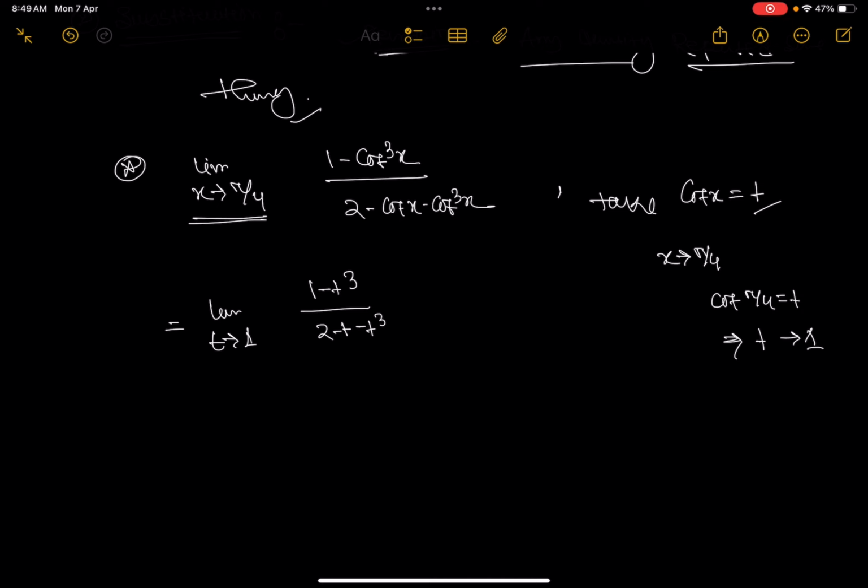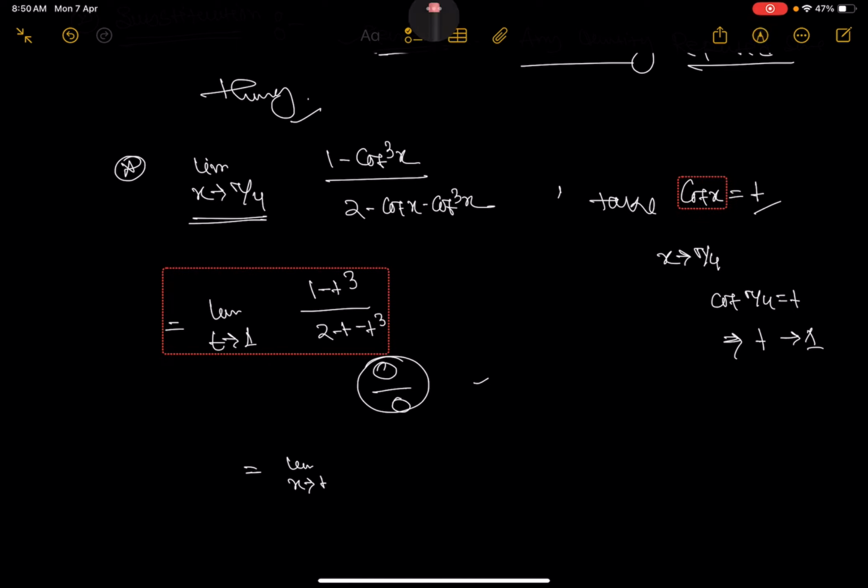Then what do we do next? At first we put t equal to 1. If t equals 1, this is 0 by 0 form. Then we use factorization, rationalization, or L'Hopital's rule, whichever criteria meets. Here we try factorization.